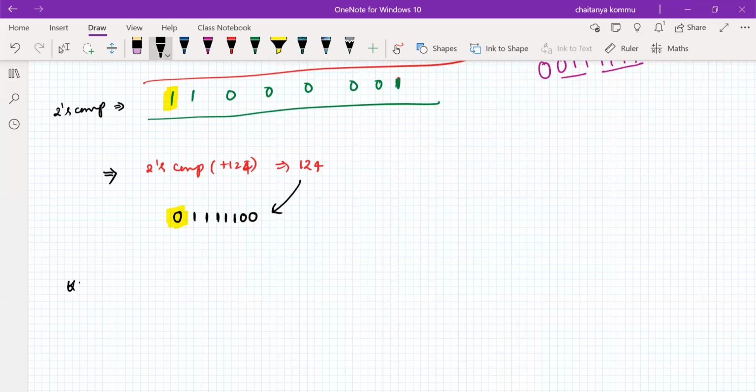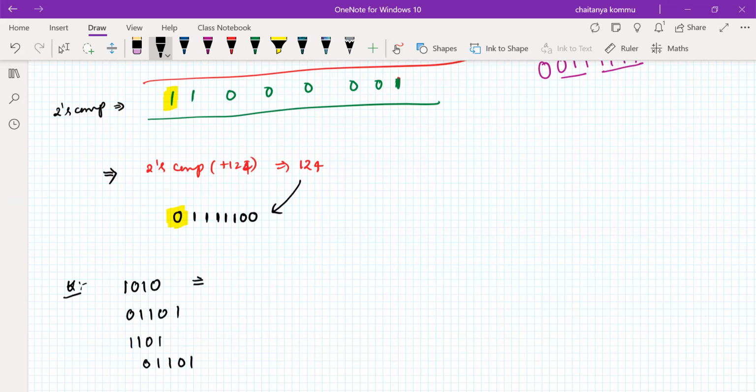For example, if I'm saying that, we take 1010, 01101, 1101, 01101.